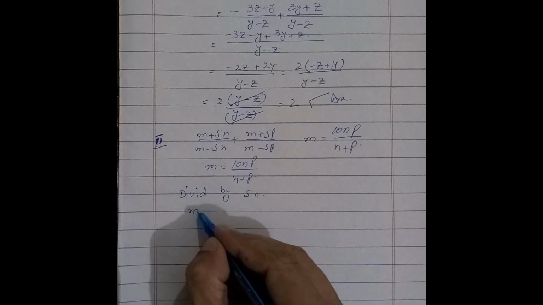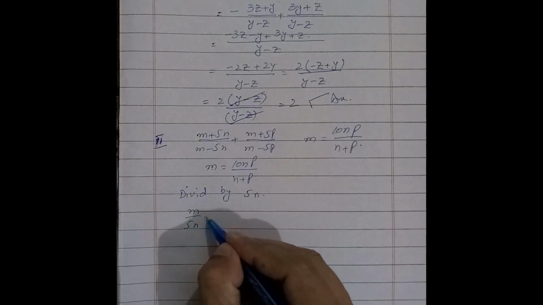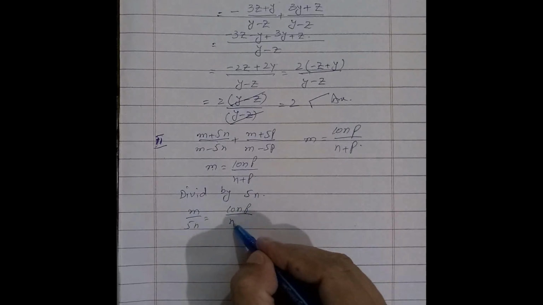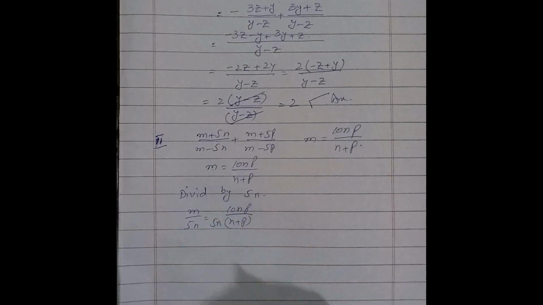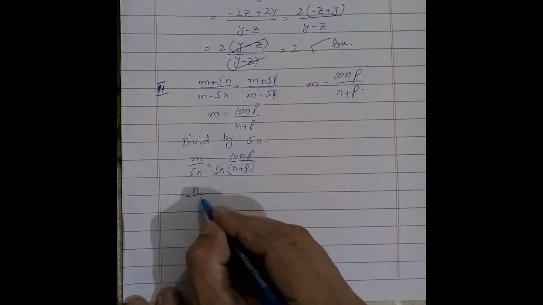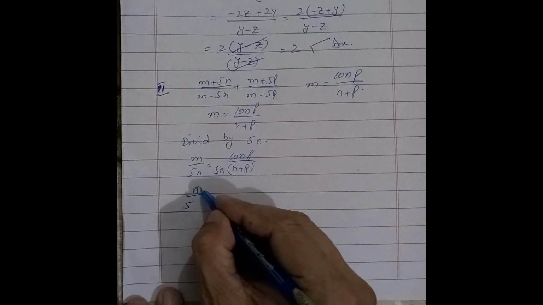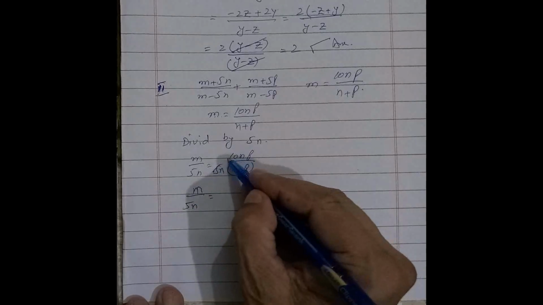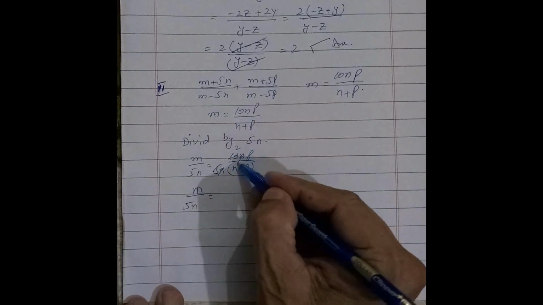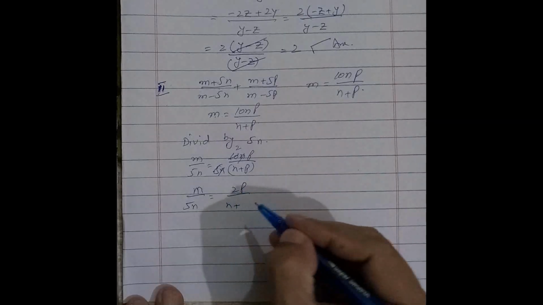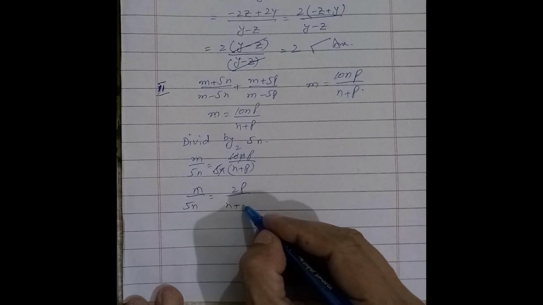We have m over 5n is equal to 10np over n plus p divided by 5n. Now simplify these values, we get m over 5n is equal to 2p over n plus p.